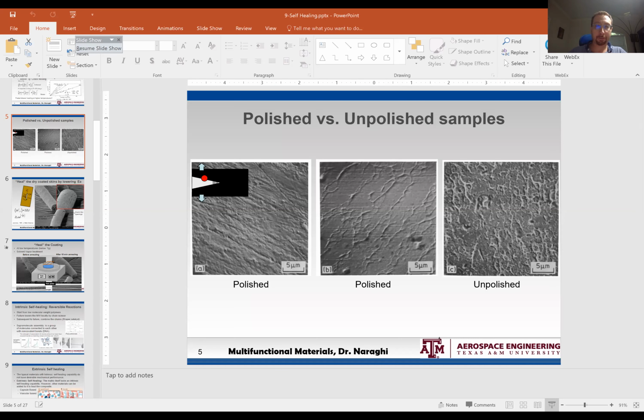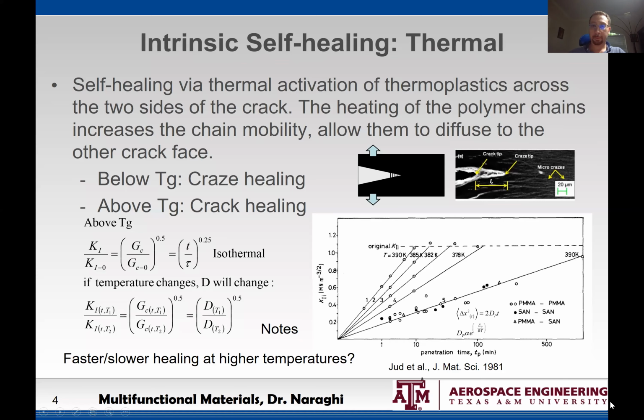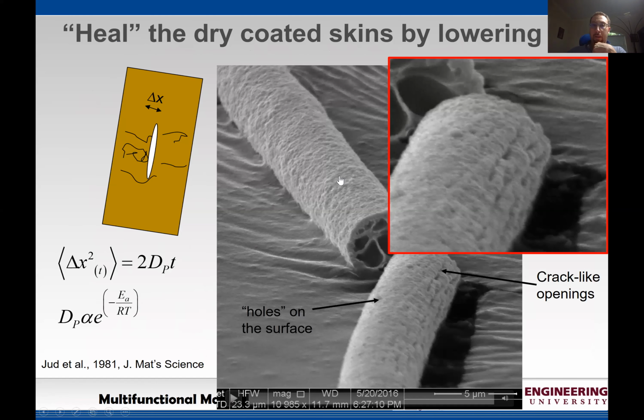If you go back to the slides, okay, I found my mouse. This is an example of a polymer fiber that was hollow, that had some pores in it.